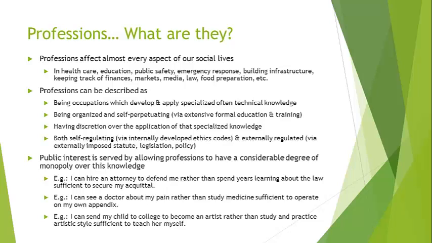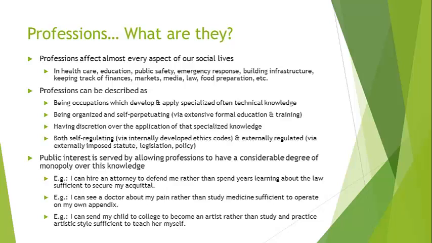Now, the reason why professions are externally regulated is because the public has a compelling interest in ensuring that professionals who have that knowledge and that discretion to use that knowledge do so in a way that benefits society.